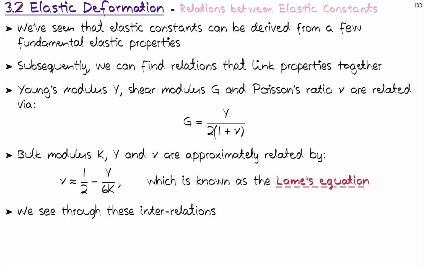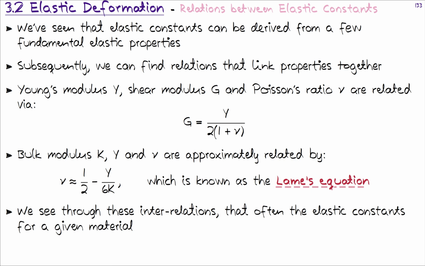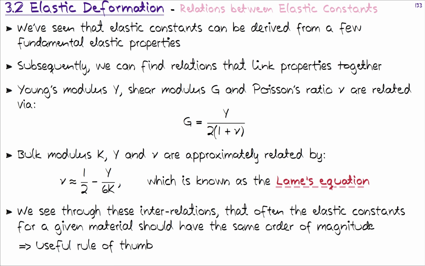So what we see here, and this will be useful in the upcoming lectures when we are trying to understand plastic deformations, is that these elastic constants for a given material should really have the same order of magnitude in strength. This is a very useful rule of thumb because, for example, when we are thinking of yield stress and yield strain values, we will estimate the yield shear stress value of a material.